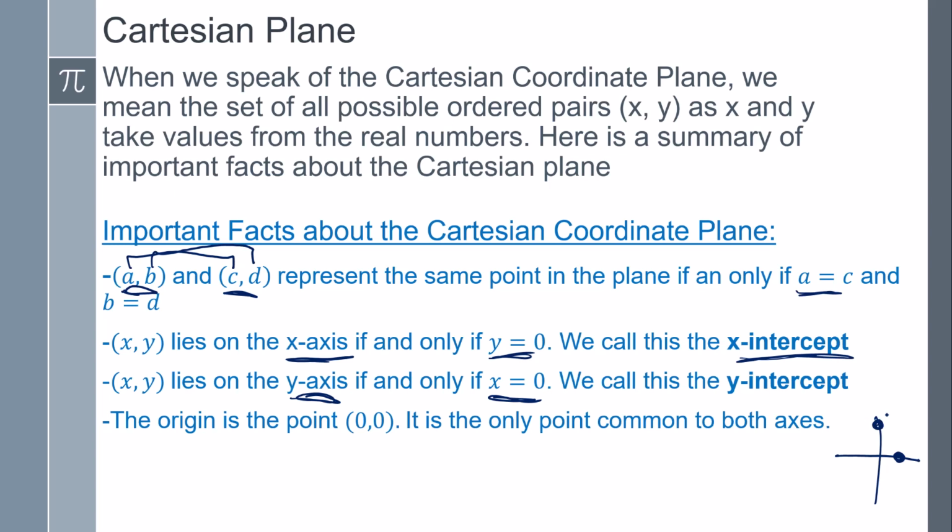If the point crosses the y-axis, we call that the y-intercept. And it's going to be important because you're going to see later on in this class, we assume y is 0 along the x-axis for the x-intercept, and we know that x equals 0 along the y-axis for the y-intercept. And then the origin, 0, 0, is the only common point of both axes.